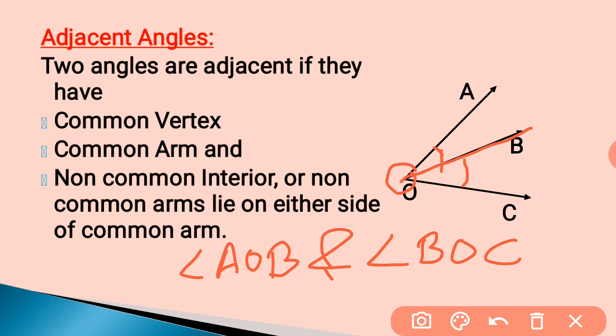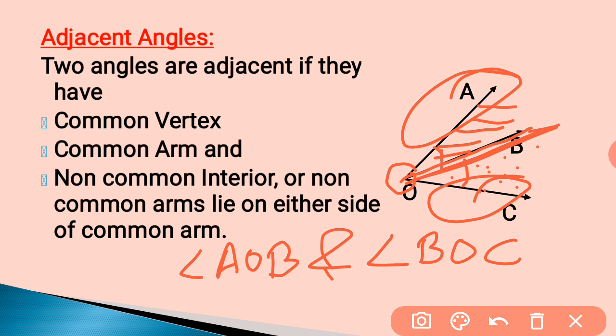Please check the interiors. For AOB, this is the interior, and for BOC, this part is the interior. You will see the interiors are non-common. They are not overlapping. Or it can also be said that non-common arms lie on either side of the common arm. So OB is the common arm, and the other two non-common arms lie on opposite sides of it, away from it, on both sides.